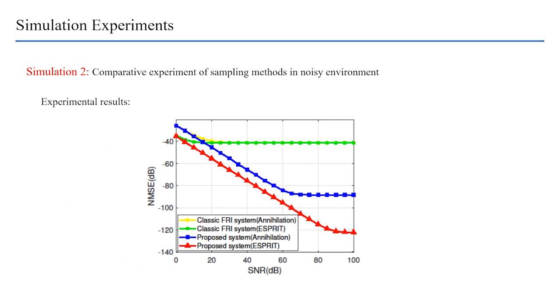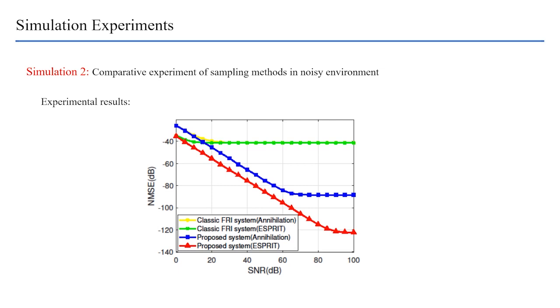Simulation Experiment 2: Comparative experiment of sampling methods in noisy environments. From the figure, we can see the NMSE of the proposed system is always less than the NMSE of the classic FRI system. With a high SNR of 20 dB, the FRI system using the denoising ESPRIT algorithm is close to the proposed system, which uses the annihilation filter algorithm.